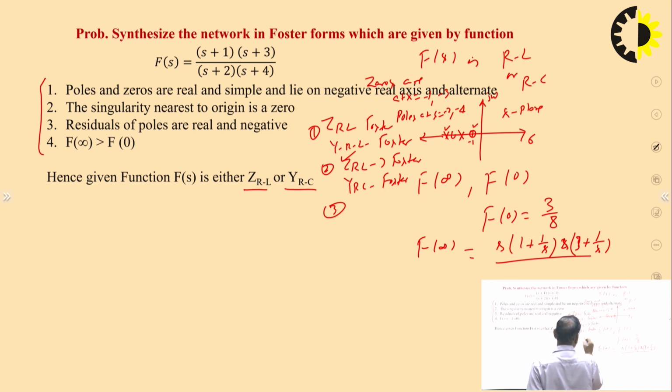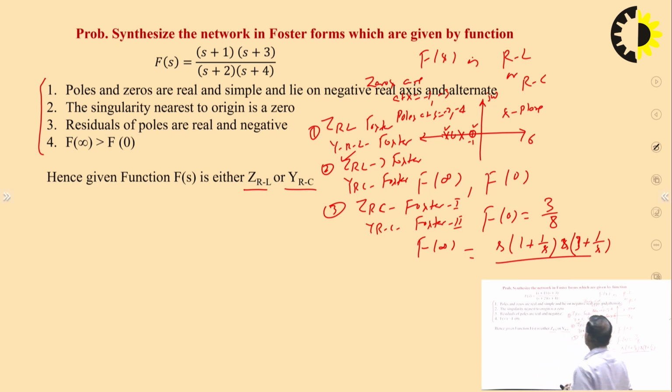They go for ZRC for the Foster first, and YRC Foster second. So one combination is Foster first of RL impedance, Foster second of RC admittance, one set.